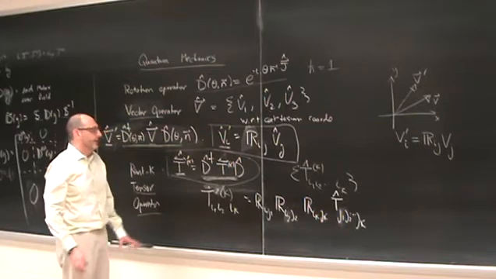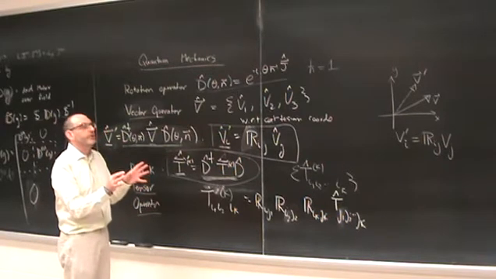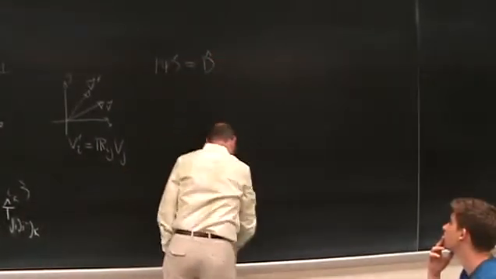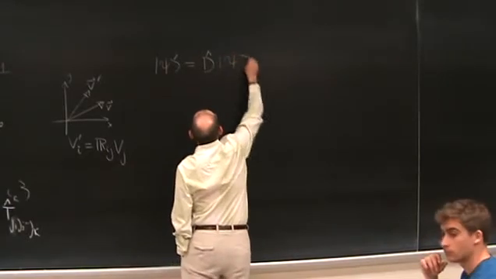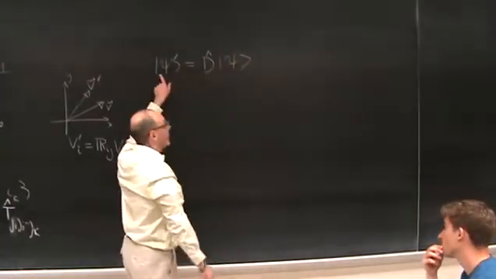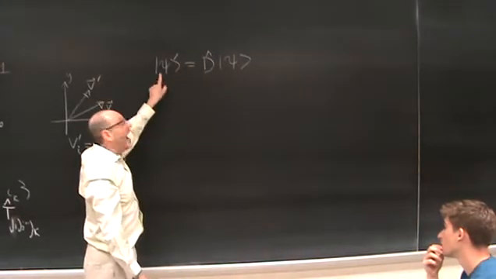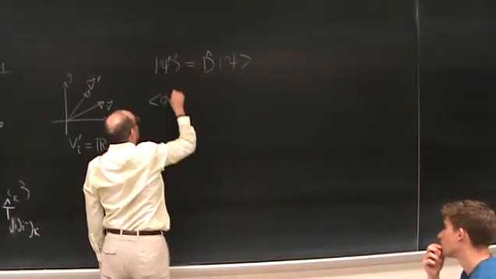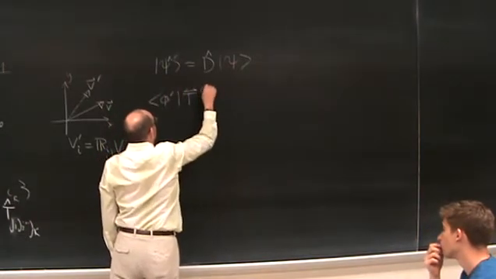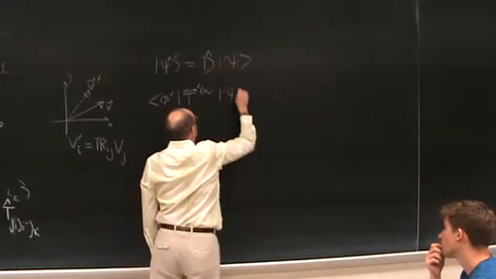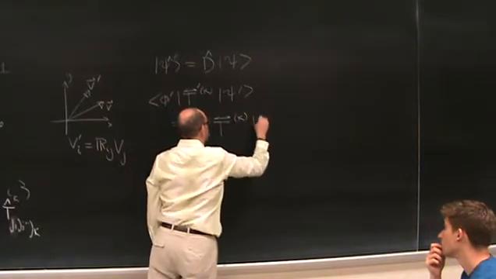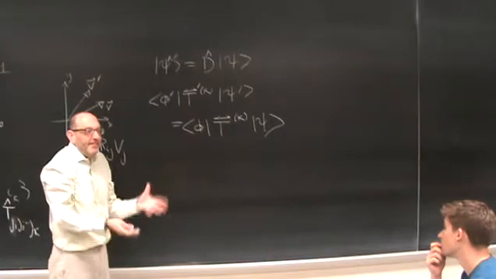What you want to be true is that if I have some ket, this is the state, and this is the rotated state, I want it to be the case that if I rotate the world, I can't tell the difference.